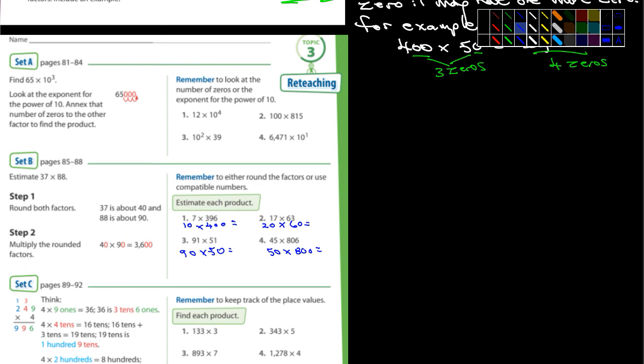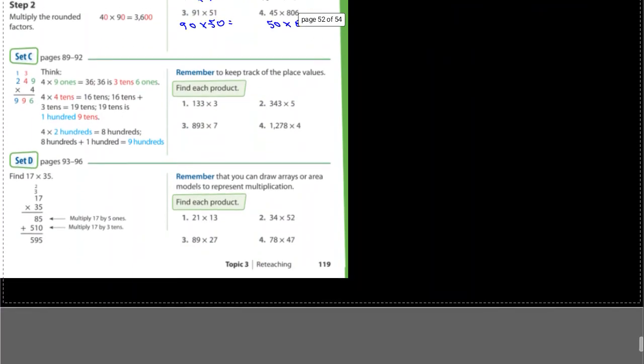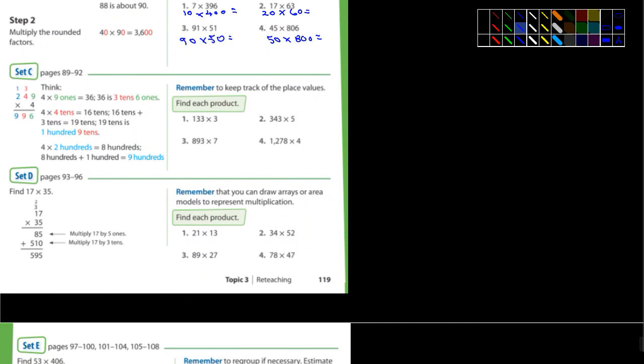So now let's go to set C. Keep track of the place values. Find each product. So they just want you to solve each one. When you're finding a product, you're finding the answer to a multiplication problem. You guys can do those. Set D. You can draw arrows, array models to represent.